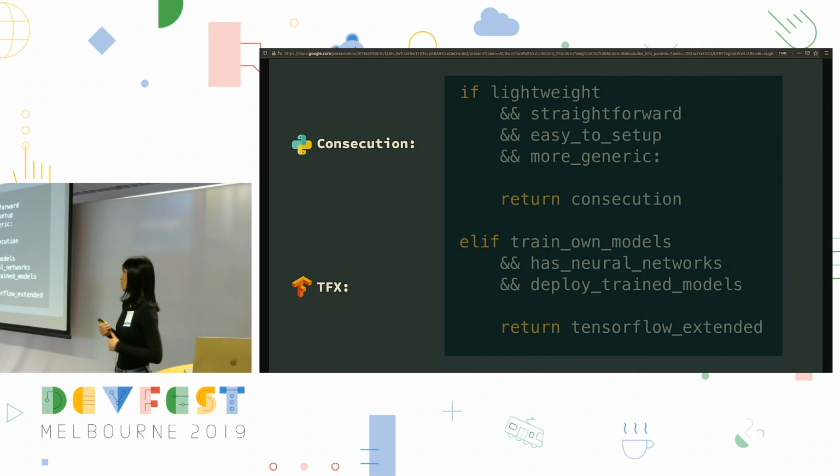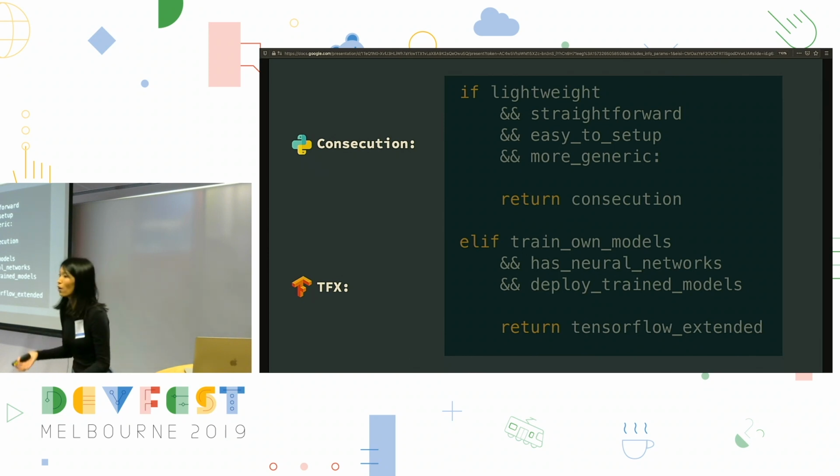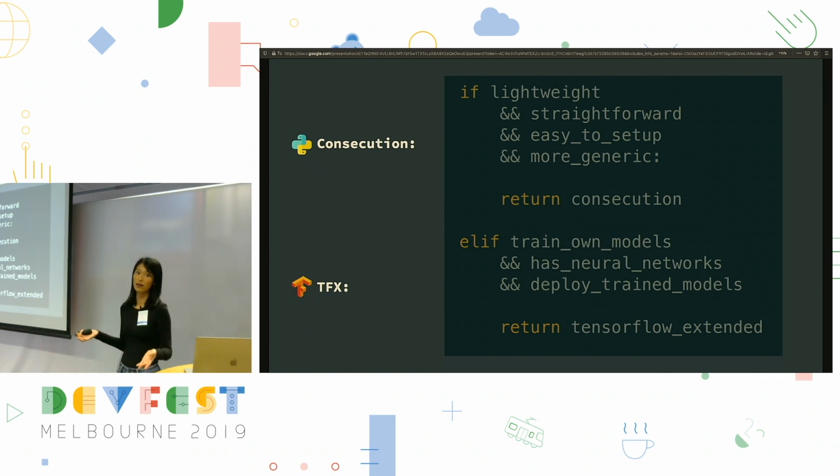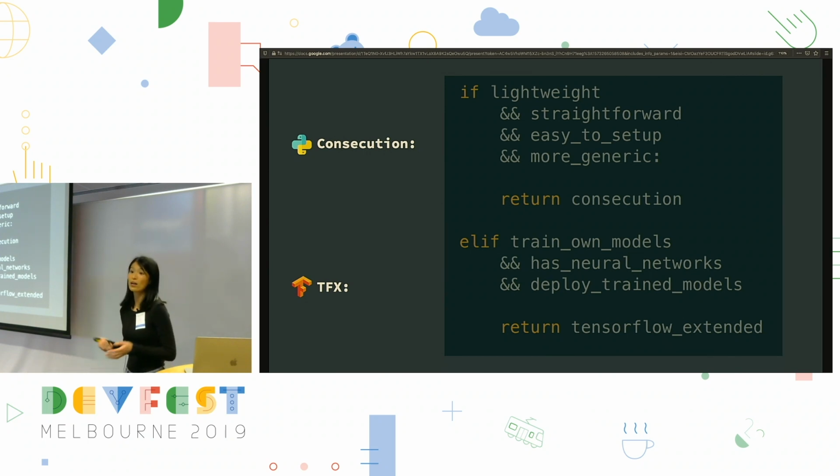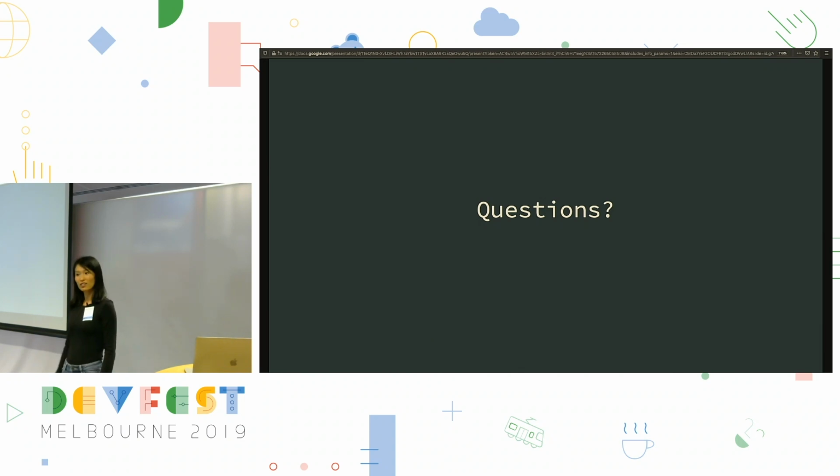But if you have to run or train your own model with a complex neural network or a huge data set, and you also have to deploy that trained model into production, then maybe something more comprehensive like TensorFlow Extended would be a more suitable choice. And that is my journey on building machine learning pipelines.